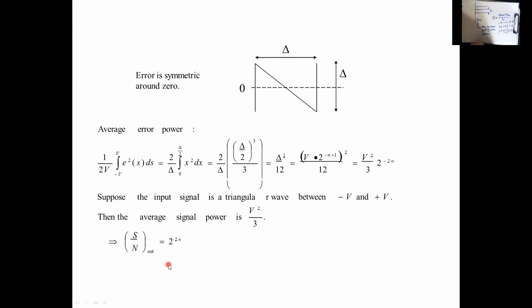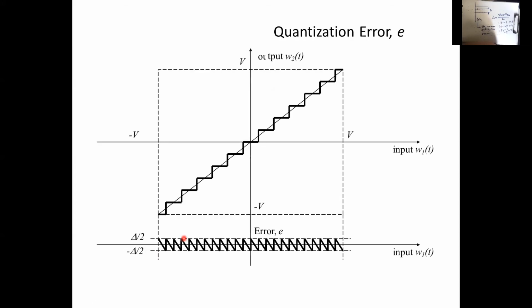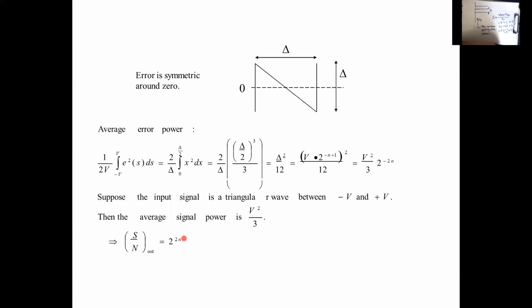This is a very, very important term. Usually in digital communications, we define systems in terms of the signal to noise ratio. Here, the signal to noise ratio is given by 2 to the power 2n, where n is the number of bits used to describe the system.